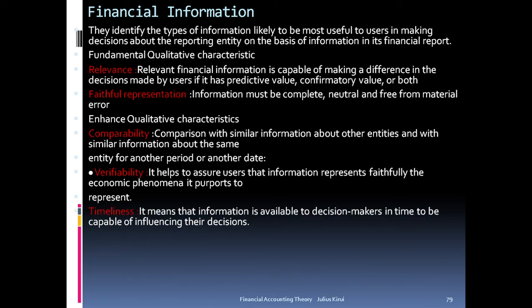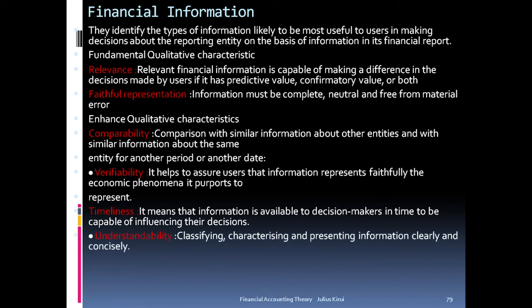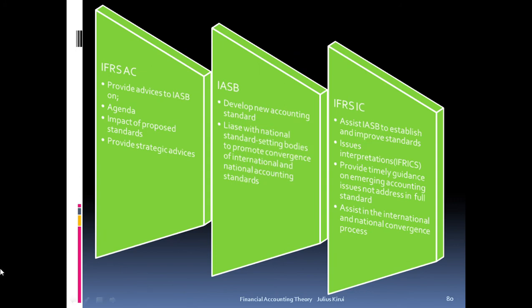Then finally, timeliness. It means that the information is available to decision makers in time to be capable of influencing their decisions. Understandability: classifying, characterizing, and presenting information clearly and concisely. So these are characteristics of information.